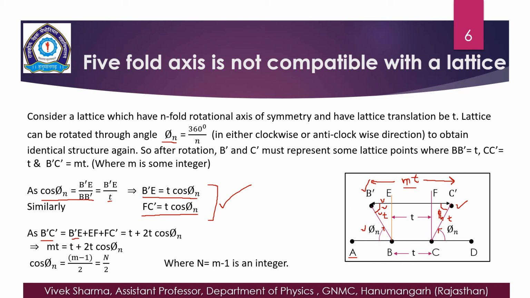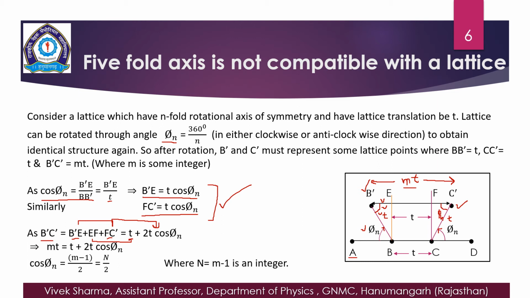So if we put the value of B dash E, that is T cos phi n, and the value of F C dash again T cos phi n, the sum of the first and third terms is 2T cos phi n. And E F, the second term, is again T. So B dash C dash is T plus 2T cos phi n.